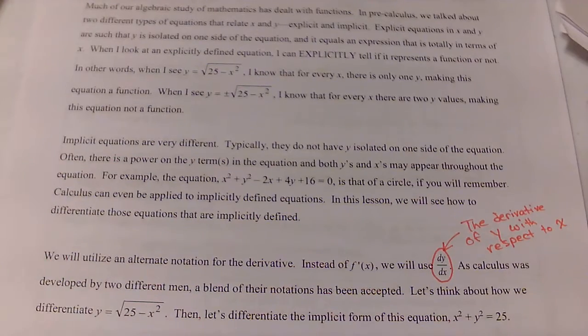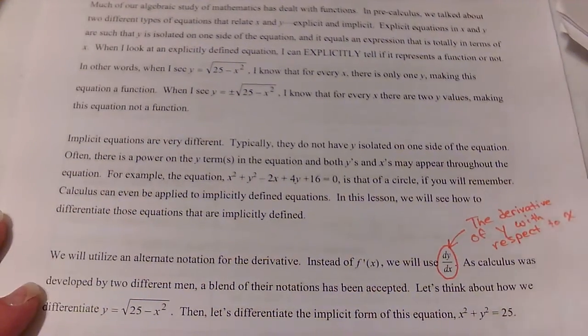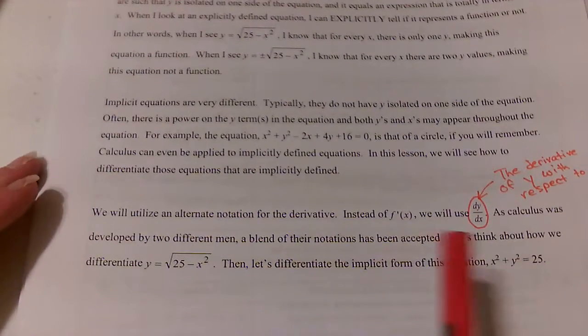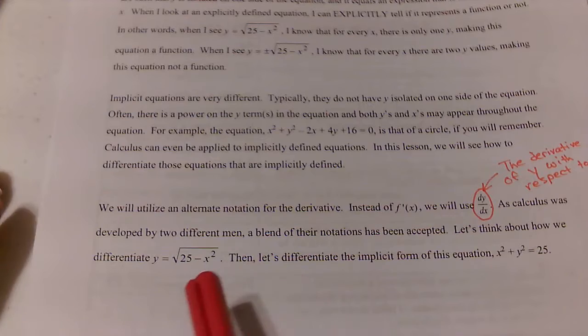That's what it means. So as we're going through this, we've got two different men that really founded calculus, and their notations are both used backwards and forwards. We can see this a lot, and we'll get used to it. So we're going to use dy dx a lot today.